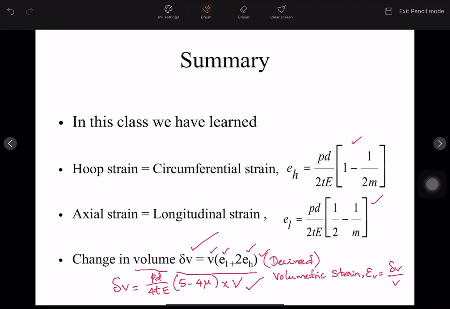I hope you'll be solving other numericals based on such topics, and once try to revise your basics, that is what is meant by bulk modulus, what is meant by Young's modulus, and what the relations are, right? Because the bulk modulus equation we have used in one of the numericals, you need to know such relations, unless you won't be able to solve such problems.